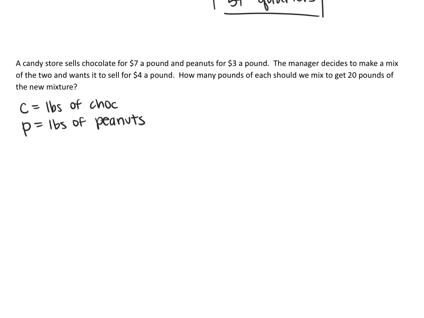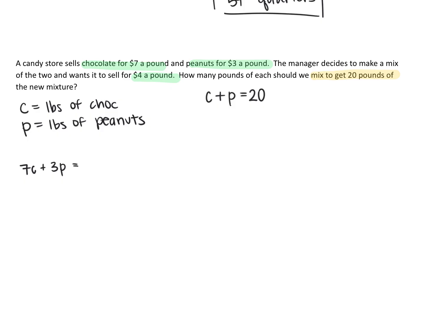I'm actually going to start with the second equation. So we know we wanted to get a mix of 20 pounds. So that tells me that C plus P has to equal 20. For my second equation, we know that the chocolate is $7 a pound, peanuts are $3 a pound, and our mix we want to sell for $4 a pound. It's not as straightforward as just 7C plus 3P equals 4, because we have to take into account the 20 a second time.